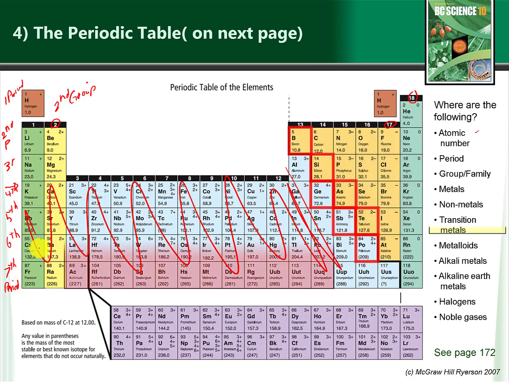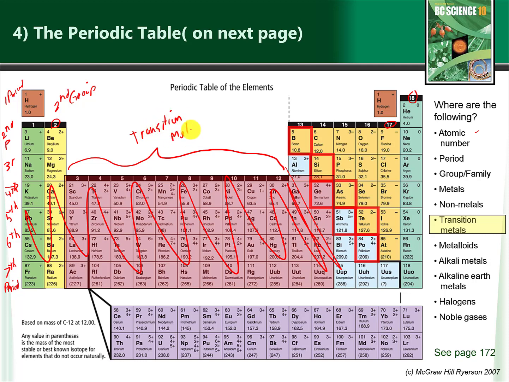And the transition metals, I have a problem with my graphic here. Watch where it comes in. My graphic is too far over. These are the transition metals, right to there. So I have group 13 and group 14 highlighted as well.